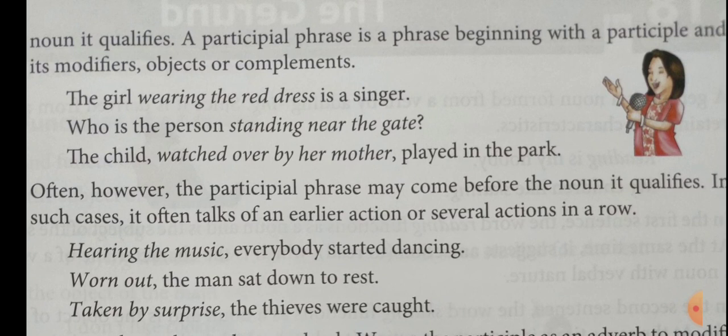In such cases, it often talks of an earlier action or several actions in a row. Hearing the music, everybody started dancing. Worn out, the man sat down to rest. Taken by surprise, the thieves were caught.